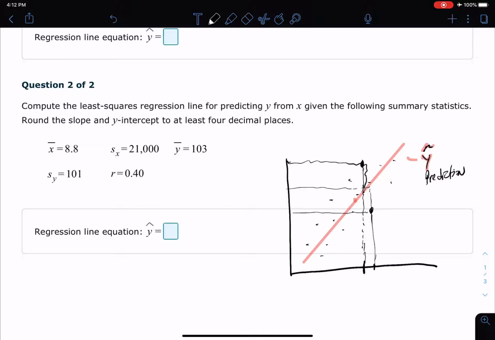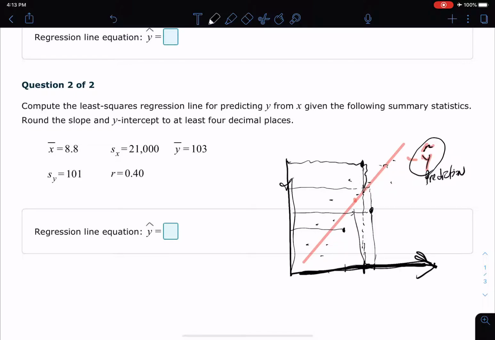So right now we're trying to come up with this line right here, this least squares regression line. It is a predictive line. It's not the exact data. The exact data would be these plotted points. It just gets us close, and it helps us see that there's a positive correlation. In other words, the more we go this way on the x-axis, the higher the y-axis also goes.